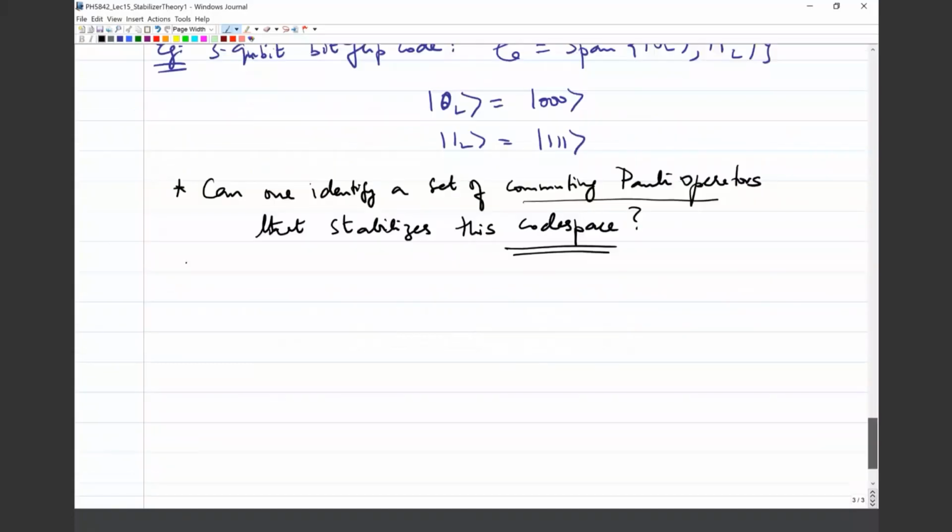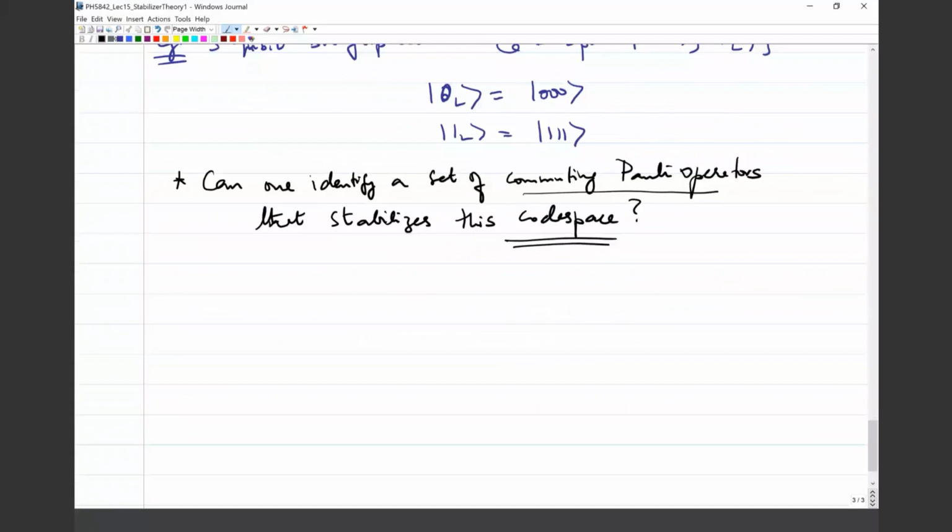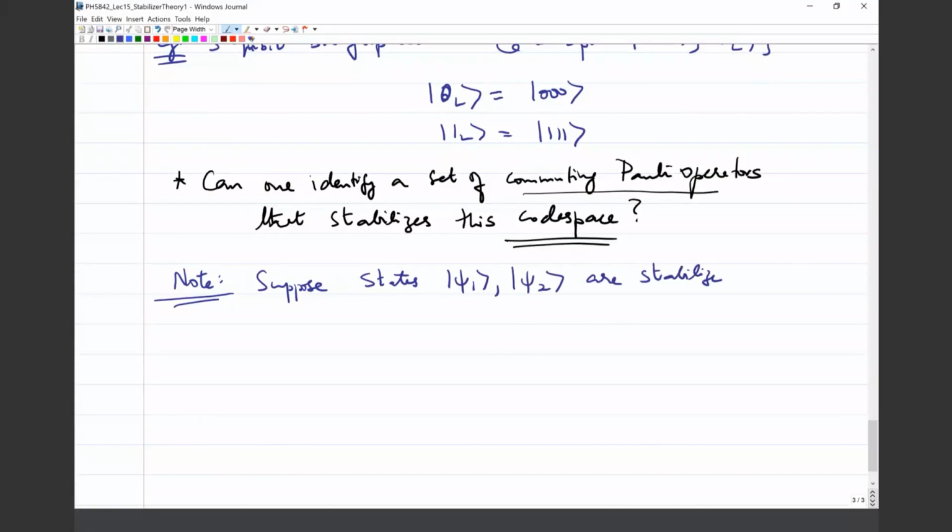So suppose states psi1 and psi2 are stabilized by some operator. Let me call this A, right?